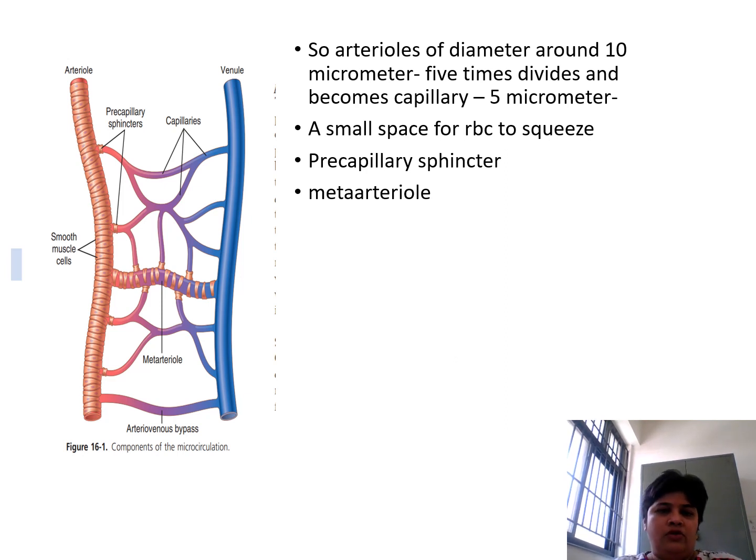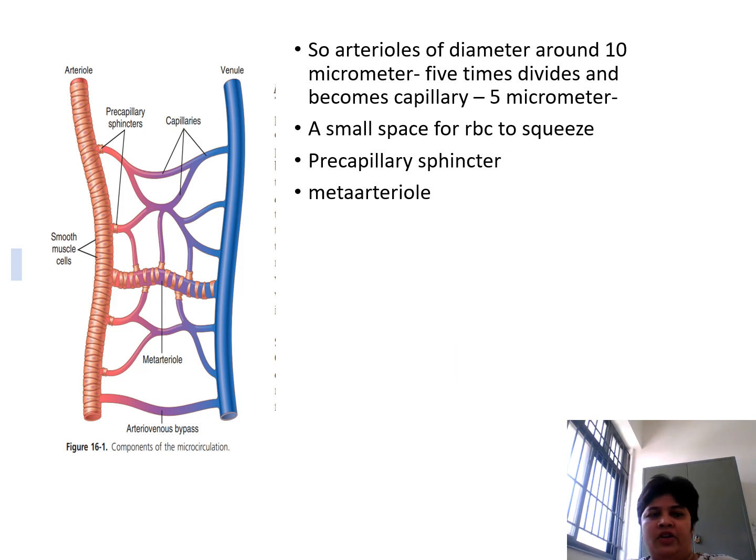Okay, you also see a structure which is the pre-capillary sphincter. Ready? So how does this entire structure help? Suppose this is not the exact scenario in every tissue. Every tissue has a somewhat different kind of projection of this structure, but ultimately when you are controlling metarterioles and pre-capillary sphincters, you can entirely govern the tissue blood flow.